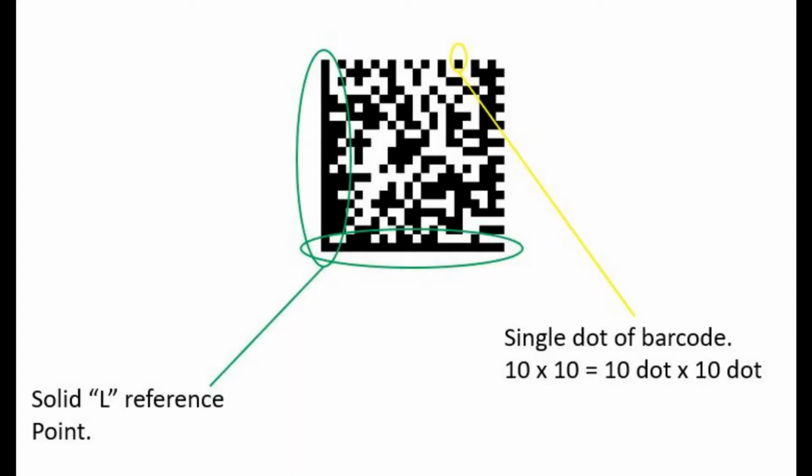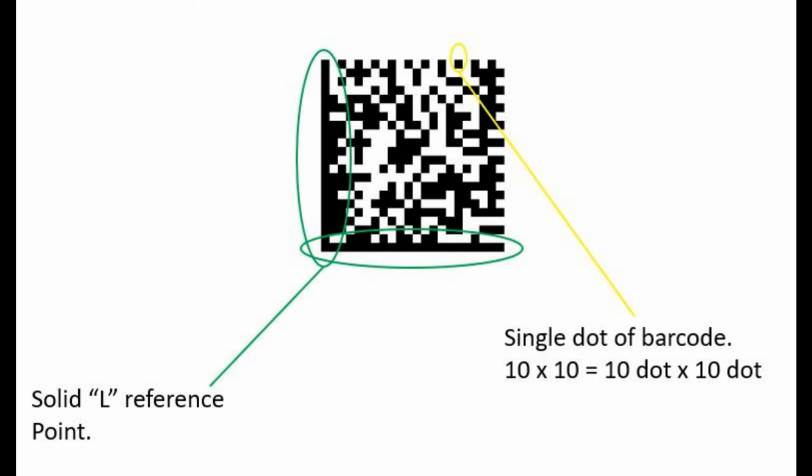The type of barcode that would be used is an ECC200 data matrix. Now, the 2D data matrix barcode, the way it's made up with a number of dots, is dependent on how many characters you want within the system.